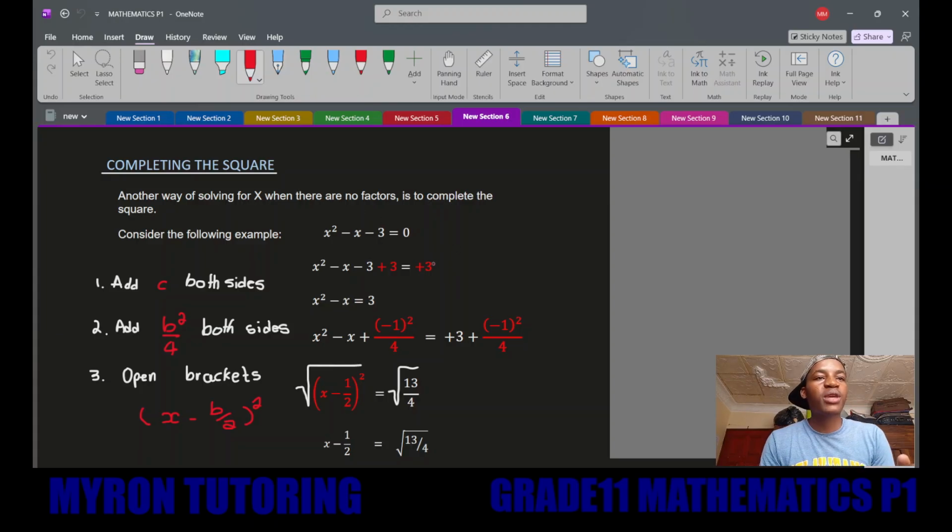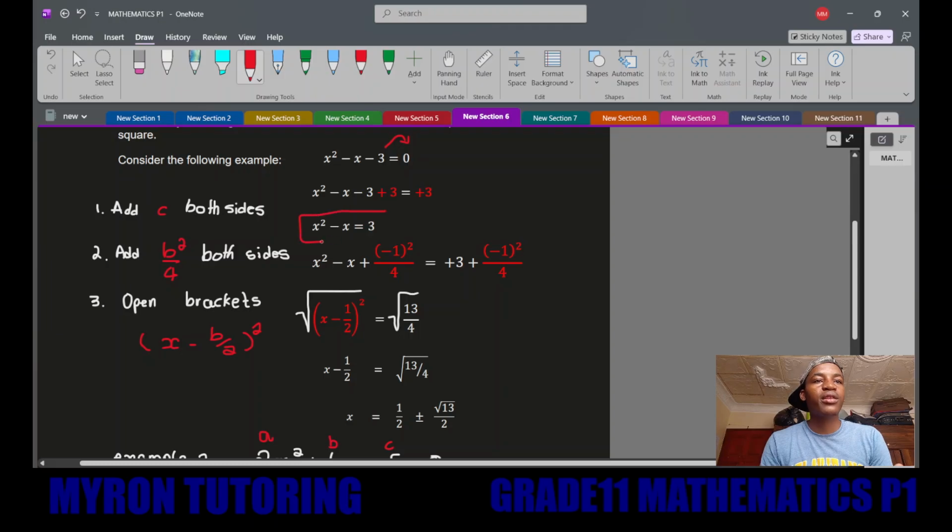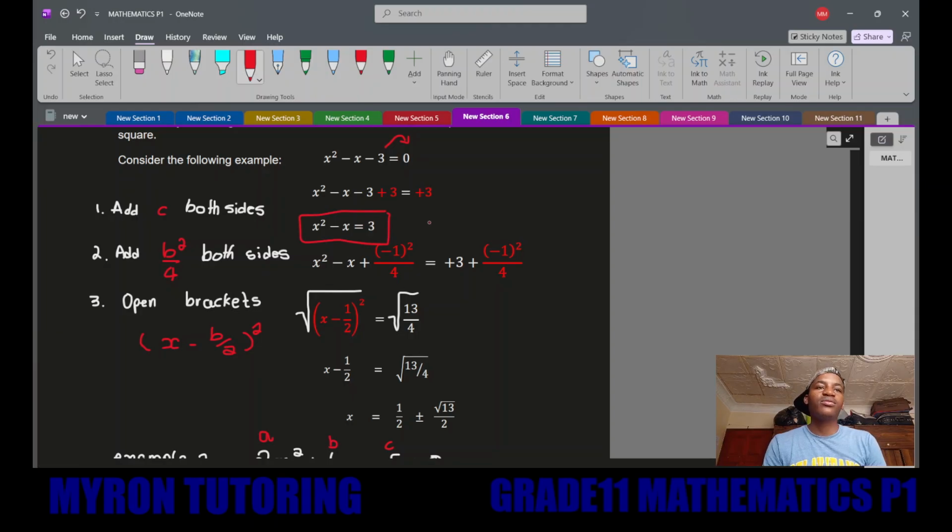The first step is to take c to the other side, then you'll be left with x squared minus x equals 3. Then you need to add b squared over 4 on both sides of the equation. What you do on the left, you do on the right. Our b in this equation is -1, so it's going to be -1 squared over 4, added to both sides. Then this is what we have.